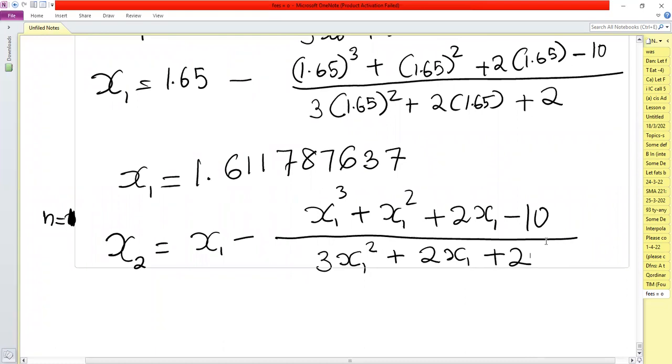Just press in answer, then minus, then the fraction button, and then answer cubed plus answer squared plus 2 answer minus 10.